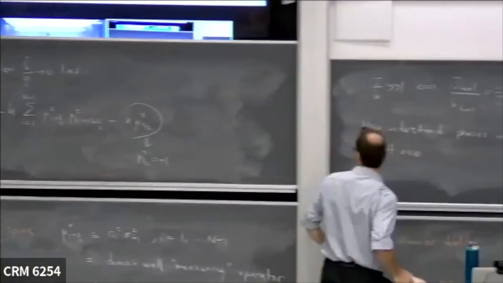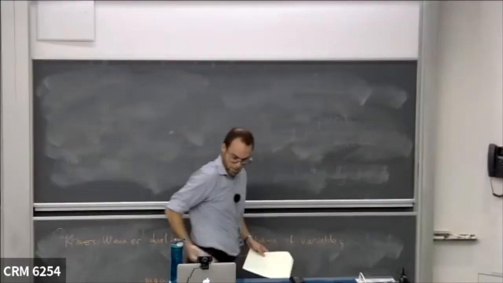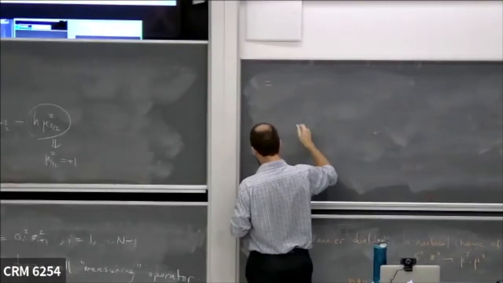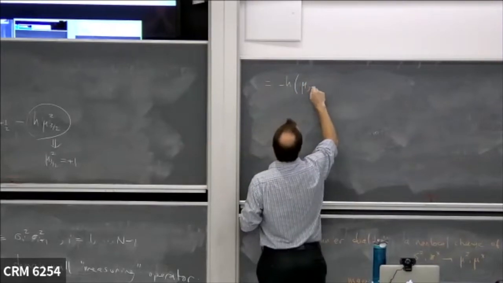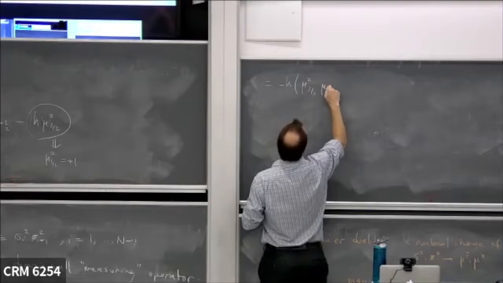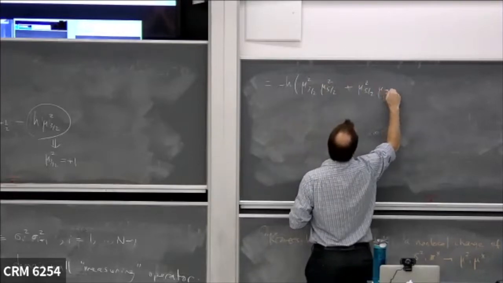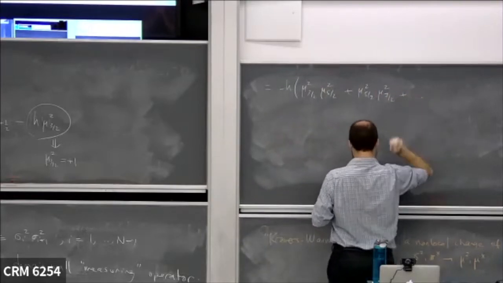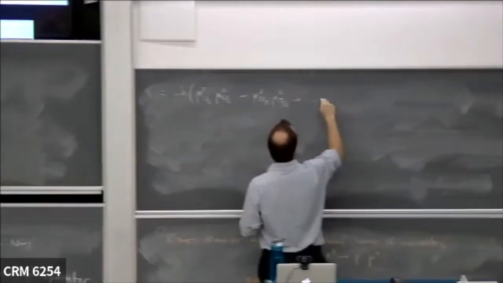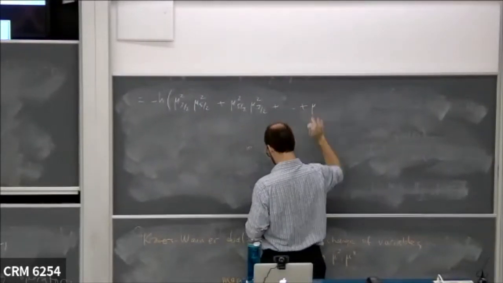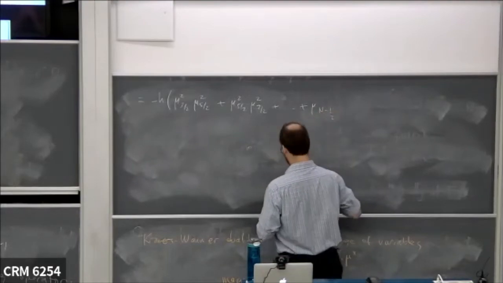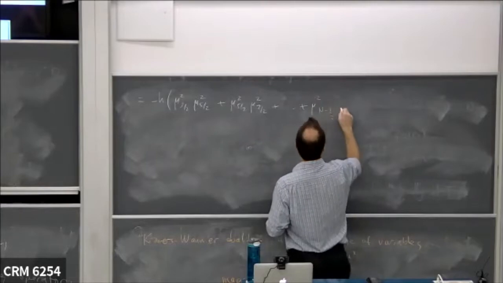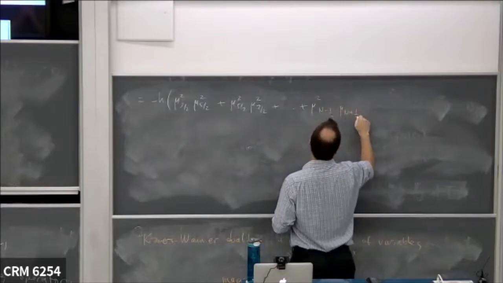If I write them out explicitly, then I have minus h, and then this starts off at 3/2, 5/2, 7/2, etc., all the way to minus a half, plus a half.